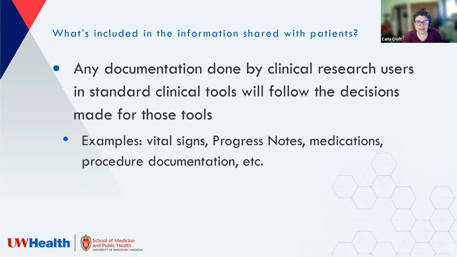Anything that is done using those standard clinical tools is going to follow the decisions for sharing that were made for those standard clinical tools. And in the vast majority of those situations, the decision has been made that it's part of the legal medical record and patients have a right to see it in their patient portal or MyChart. So it's going to go to them.